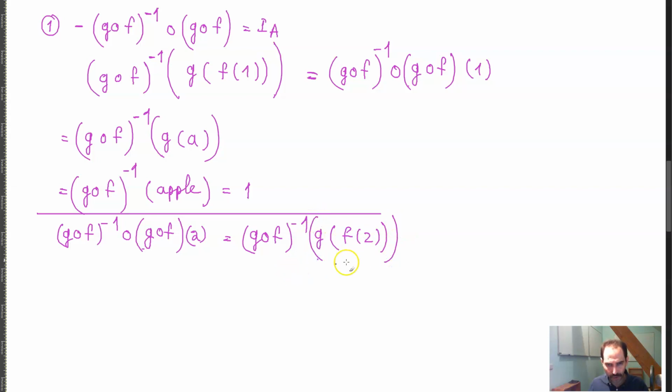Right? So now f of 2 is equal to b. And so I can write (G∘F) inverse of basically g of b.